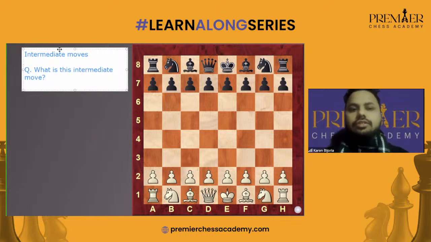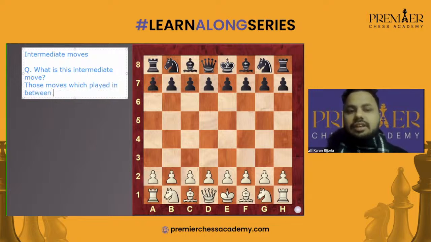Okay, so first of all, intermediate moves are not for intermediate level people. These are those moves which are played in between a very forced variation.